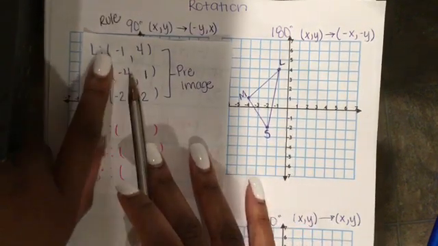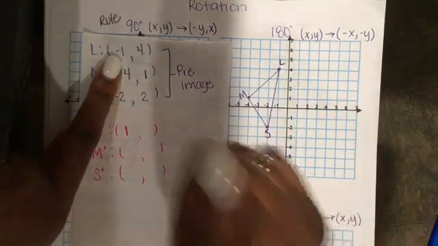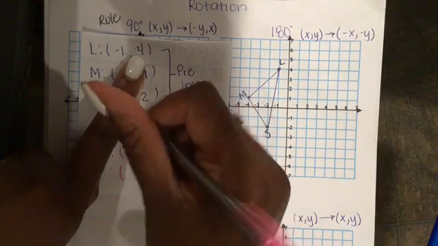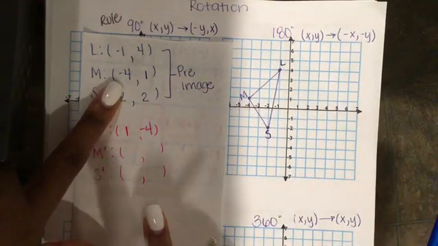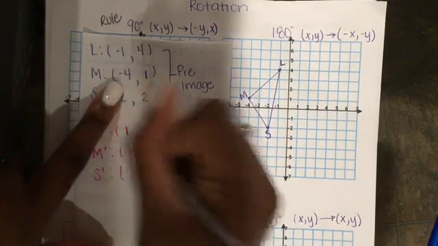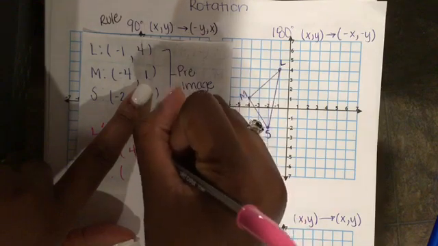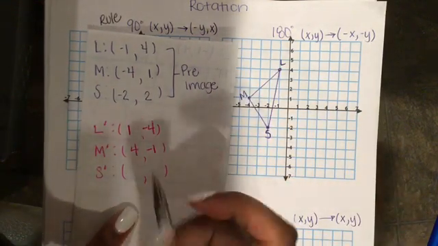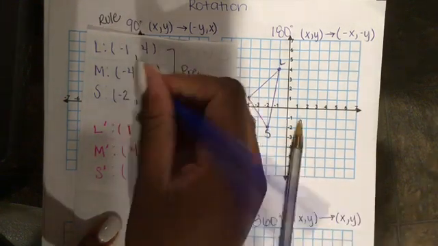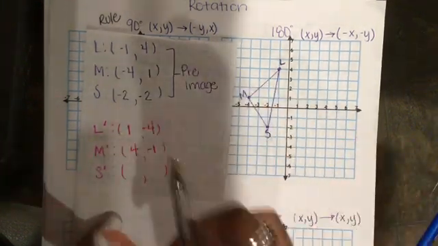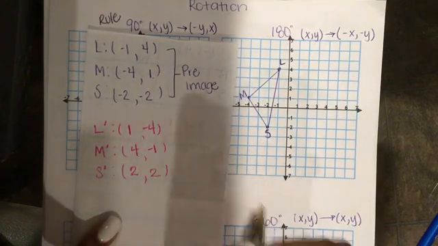So at L, our X was -1. So then when we rewrite it, it becomes +1. Our Y was +4. When we write it, it becomes -4. Same thing for M. It was -4. It becomes positive. That was a +1. It becomes a -1. S was -2, it becomes a +2. This was a -2. It becomes a +2.